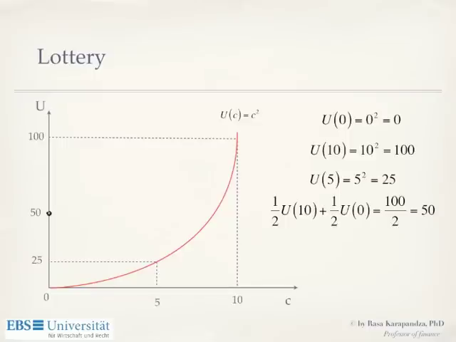I give you 1 cookie more. That means that you go from 100 units of happiness to 121 units of happiness. So 1 cookie, if you are rich, increases your happiness by 21 units, and when you are poor, it increases your happiness by just 1 unit. It doesn't make any sense. So people who think that they love risk usually don't actually understand the concept of risk. It's not that they like risk.